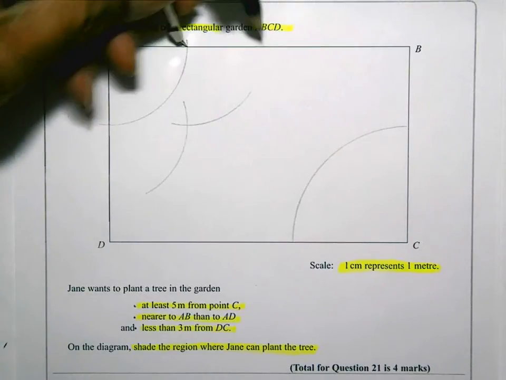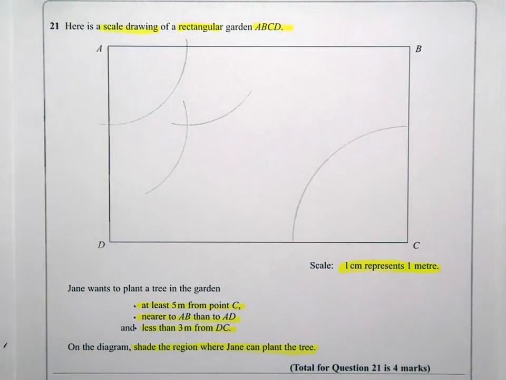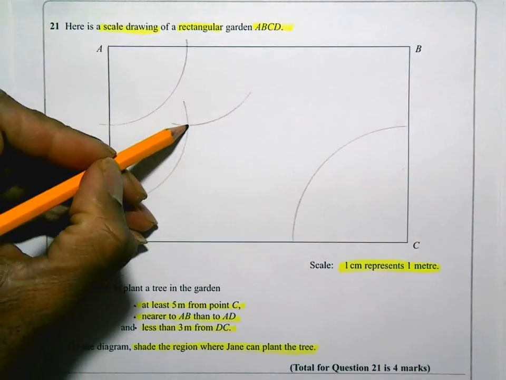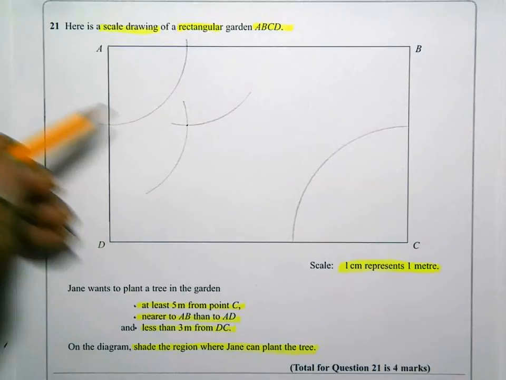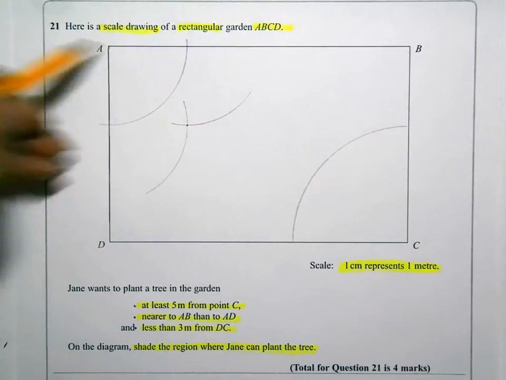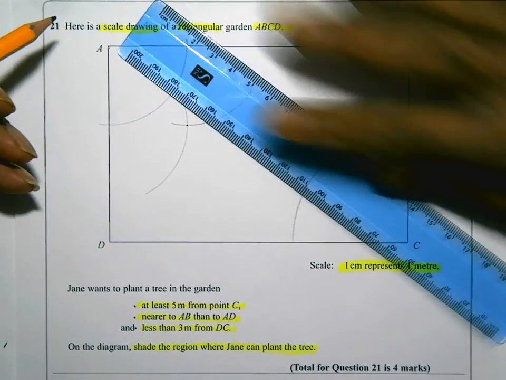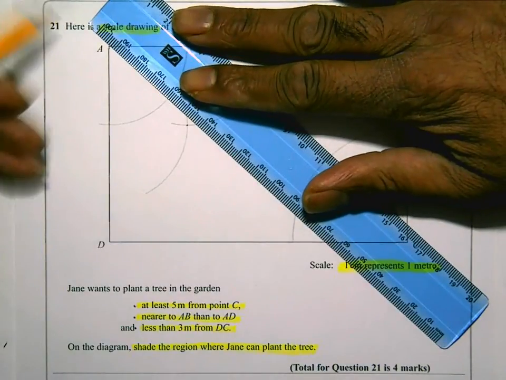And these two cross over here, and that's really important. I'm going to join that point to the corner A and extend that line all the way out.